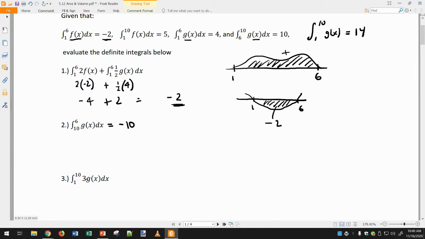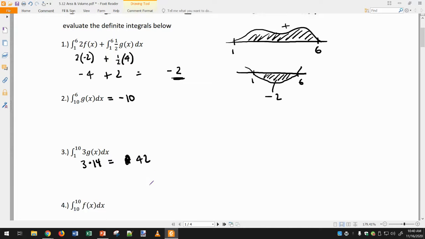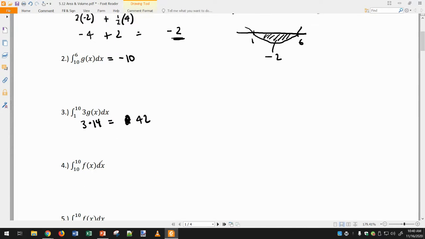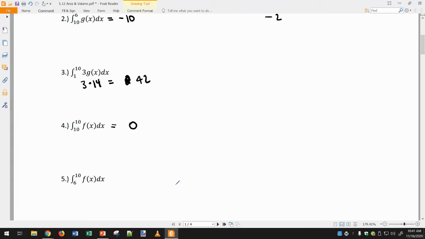So from 1 to 10 is 14, so we're just doing 3 times 14, which is 42. Okay. This one, if the bounds are the same, then of course the area would be nothing, because you're not going from anywhere to anywhere.